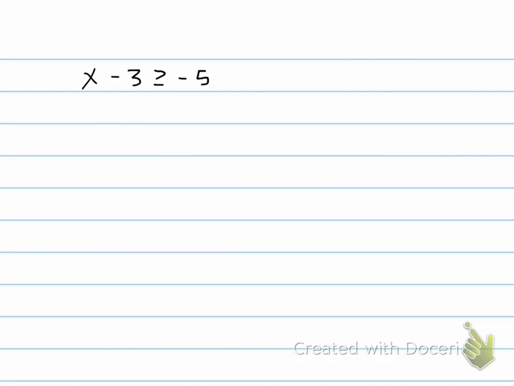Let's try one more for practice here. So, again, my first step, I've got to get x alone, so I add 3 to both sides. So what am I going to have? x is greater than or equal to negative 5 plus 3. Those are different signs, so we subtract.